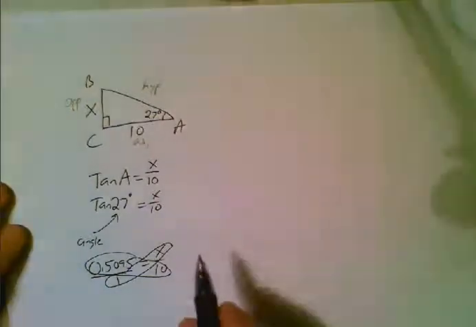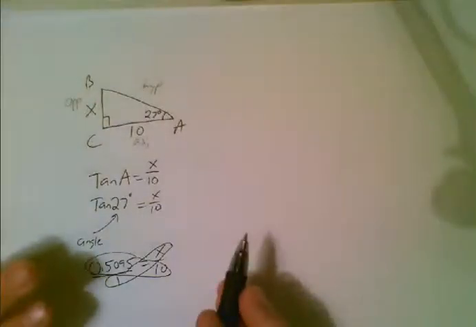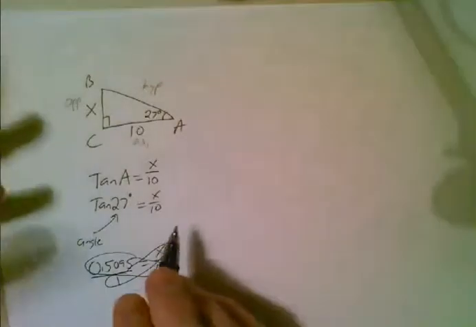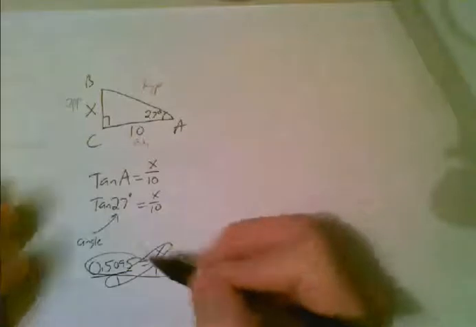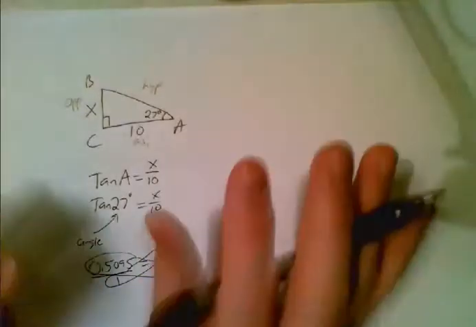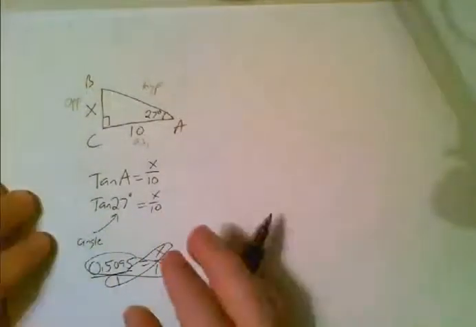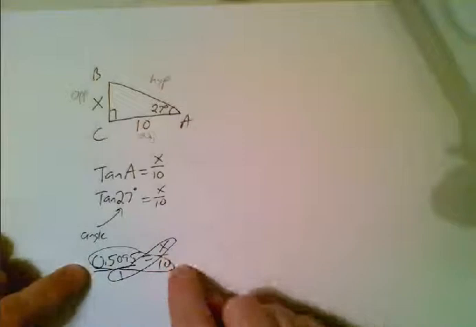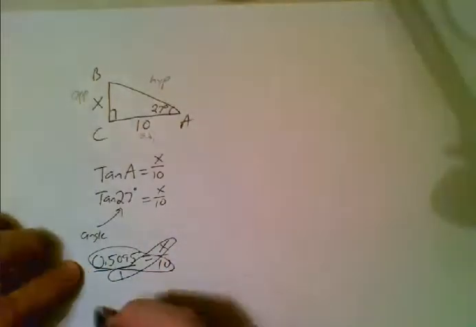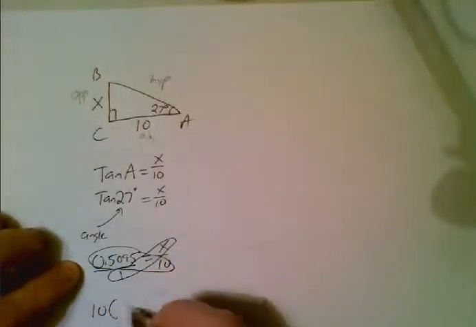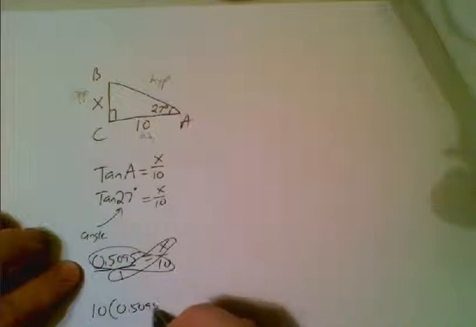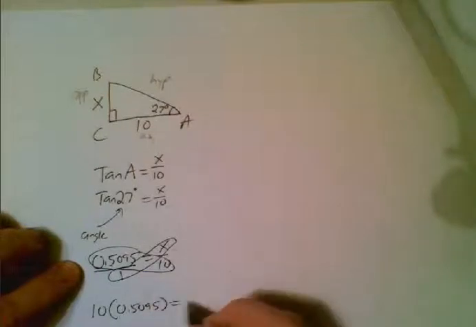Some of you try to guess: am I going to multiply? Am I going to divide? Do I divide by tan? Do I multiply by tan? Do I always put this number on top? Do I put that number on top? If you fall into that trap, at some point you're going to mess it up. But if you set it up this way, you will never make that mistake because it's telling you in the cross multiplication exactly what to multiply and what to end up maybe dividing.